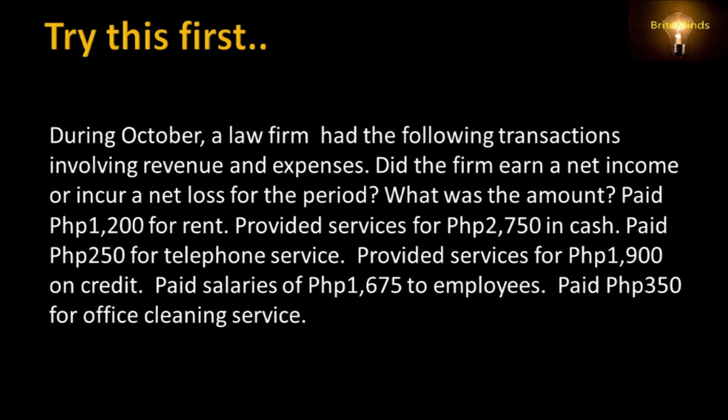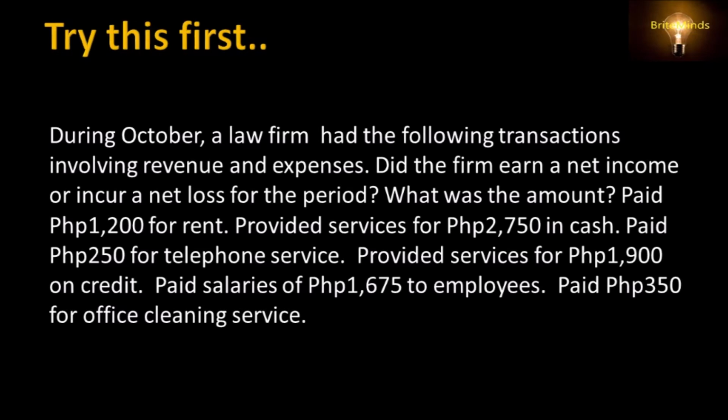Paid 1,200 pesos for rent, provided services for 2,750 pesos in cash, paid 250 pesos for telephone service, provided services for 1,900 pesos on credit, paid salaries of 1,675 pesos to employees, and paid 350 pesos for office cleaning service. We will answer this problem at the end of our tutorial video.